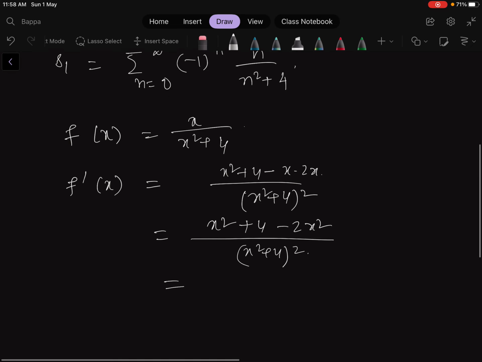So this is 4 minus x squared by x square plus 4 whole squared.